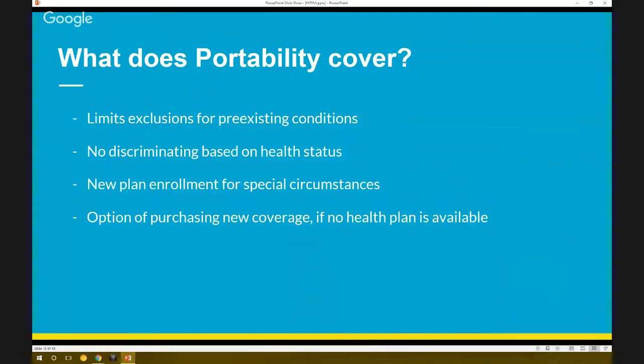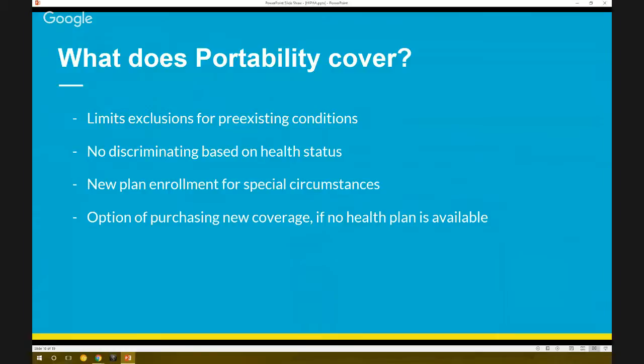So for the portability, it's asking, what does portability cover? One of the main things it talks about is that it limits exclusions for pre-existing conditions. Other health insurance organizations that you go to will tell individuals that they are not eligible, they're not able to have that certain coverage because they've had a certain health condition that has existed.